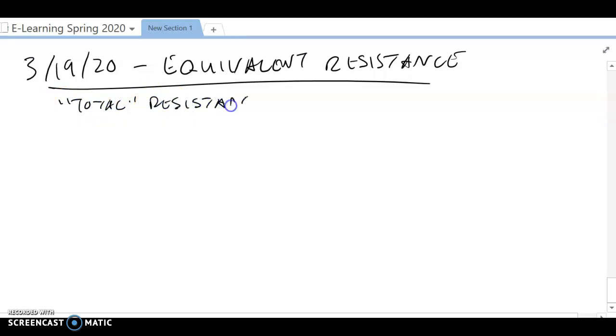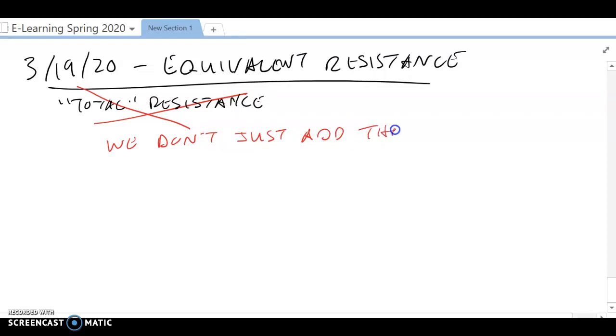Because if you say total, it implies that you just add things all up, but we don't add things all up. Sometimes you do, sometimes you don't. So instead we use the term equivalent, and I'll tell you what that means in a second.